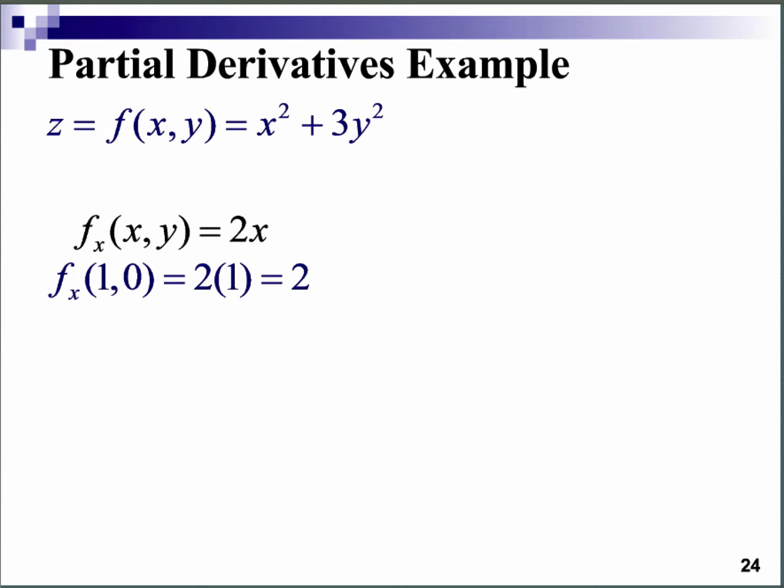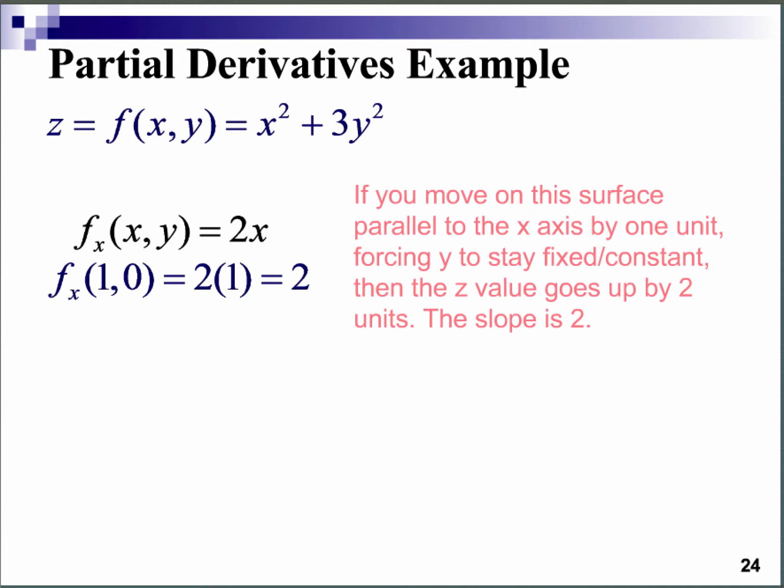So 2 times 1 gives me 2. We don't have a y here, so there's nothing to substitute. That's not always going to be true, but in this case, there's no y, so we don't have to worry about substituting that 0 value. So the partial derivative with respect to x has a value of 2 when x is equal to 1 and when y is equal to 0.